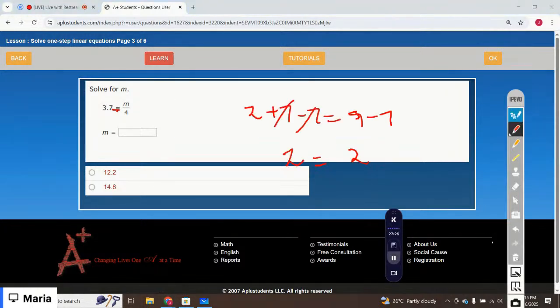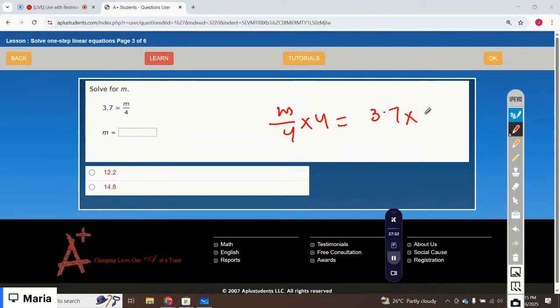M is divided by 4. You need to multiply both sides by 4 so that you can evaluate the value of M. The 4 and 4 cancel out. M is equal to 14.8. Option number 2 is the correct option.